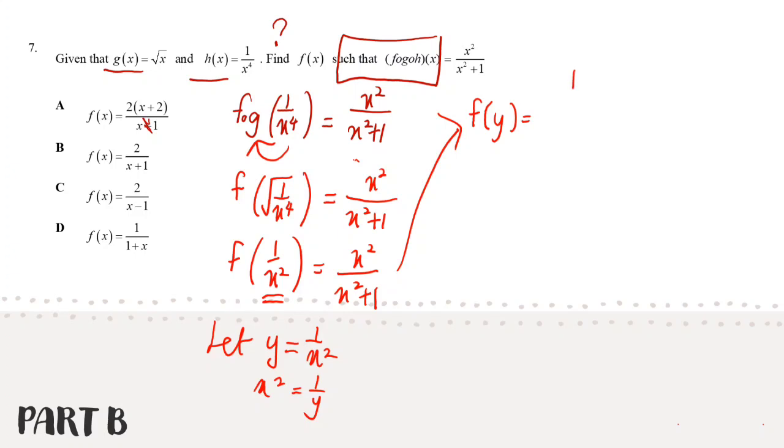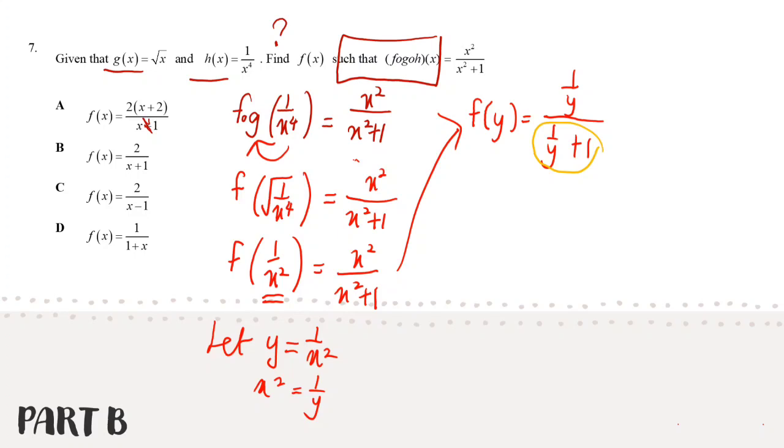1 over y over 1 over y plus 1. Okay, so we try to simplify. Look at the denominator part. So we need to equate the denominator.